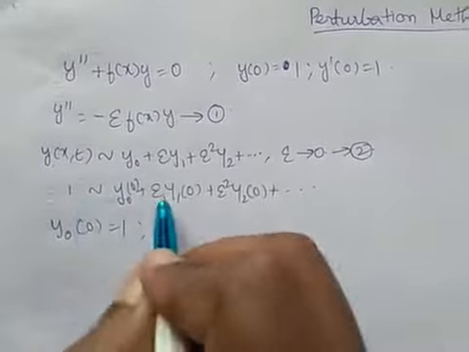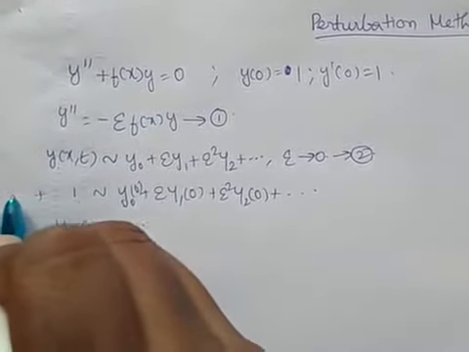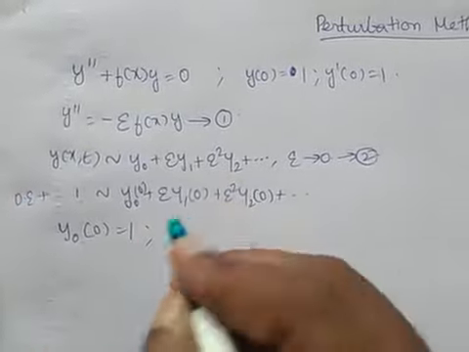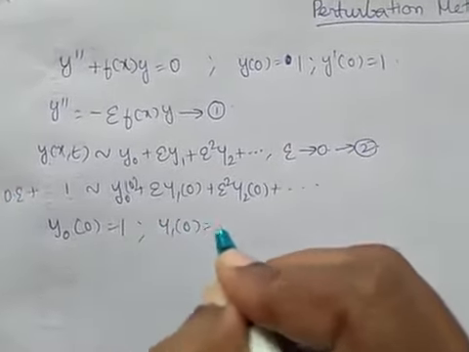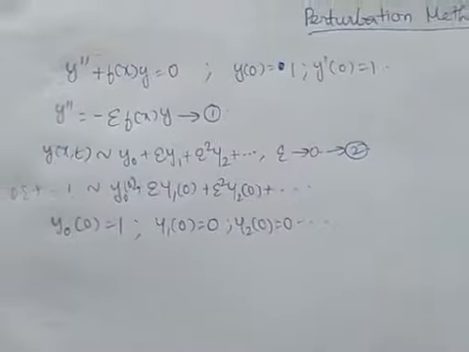When we equate coefficient of epsilon, here we are having 0 into epsilon. So y1 of 0 equal to 0, y2 of 0 equal to 0, etc.